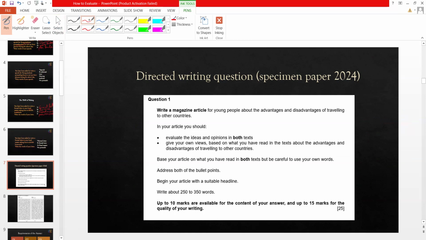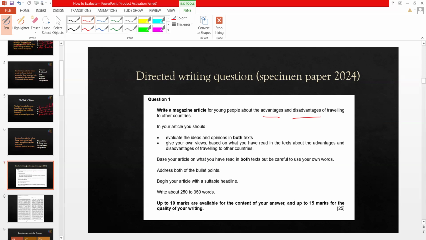As I have told you, it was not there before this new syllabus of 2024. So we need to learn how to evaluate. Now, the question says: write a magazine article for young people about the advantages and disadvantages of traveling to other countries.